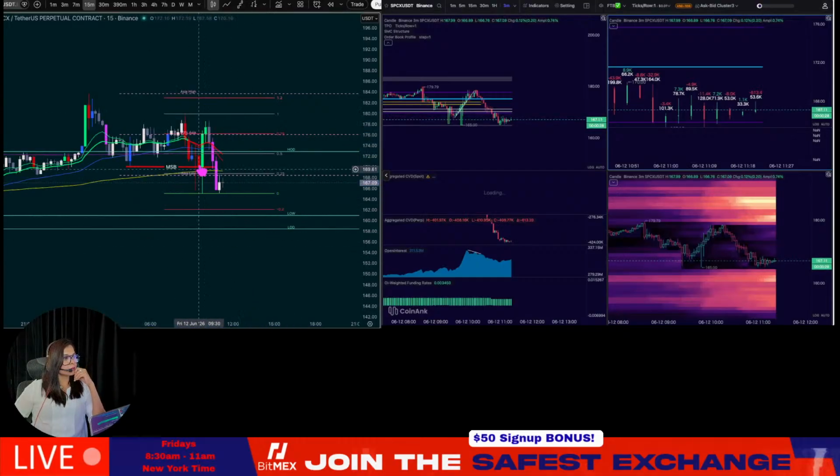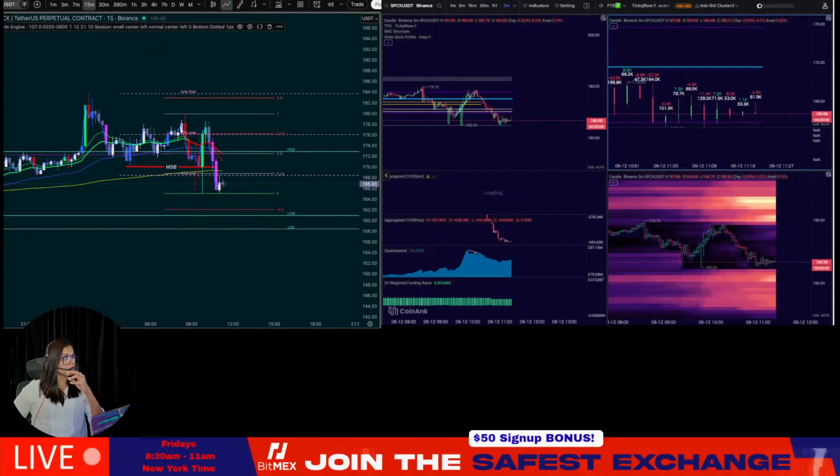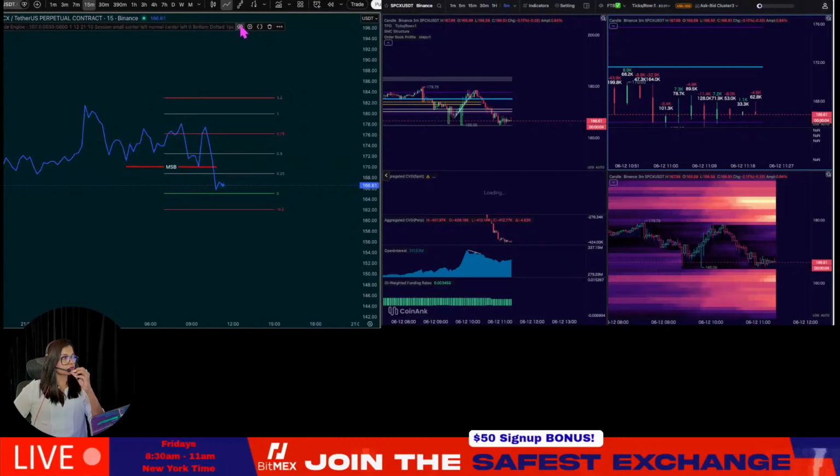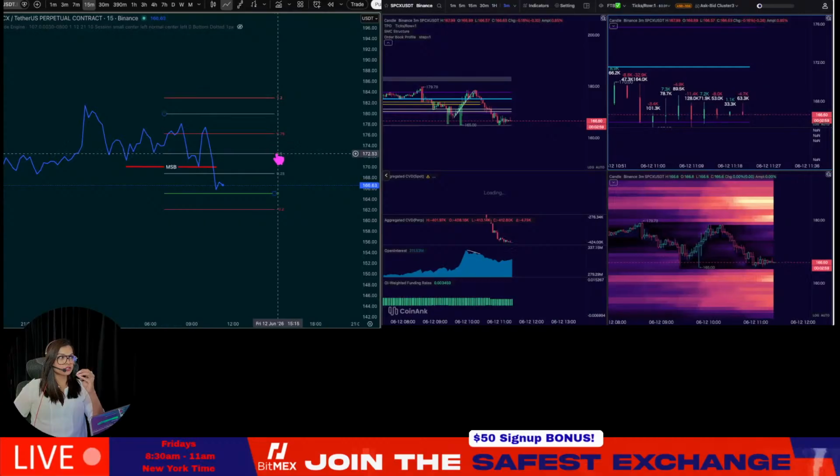In a downtrend, especially a strong downtrend, price would respect the 0.25 area, same in an uptrend. When there's an MSB, let me go on the line chart here, the first retest is usually back to the 0.5, or sometimes the middle of the 0.5 area on the fib.